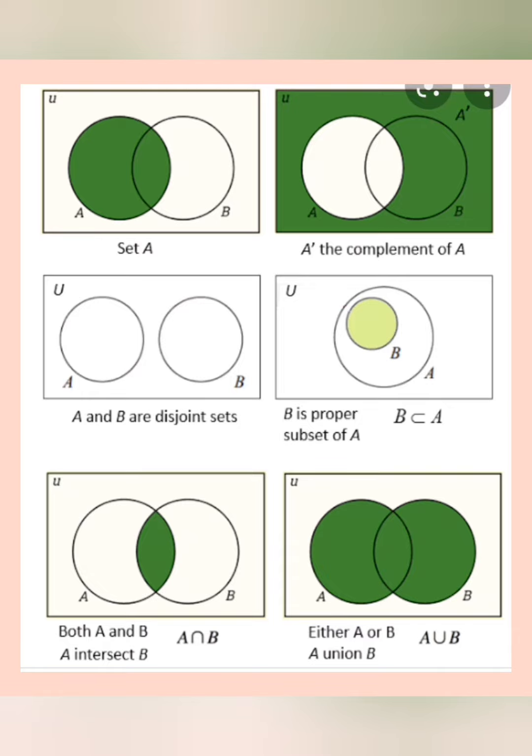Suppose A is a set and B is a proper subset of A. So A you should write as a bigger set and inside that a small B. So B is a subset of A and A includes B. So you can write like this also, B belongs to A. If it is A intersection B, already we learned that we shade the middle part where they overlap. If it is A union B, the entire thing of A and B you have to shade.